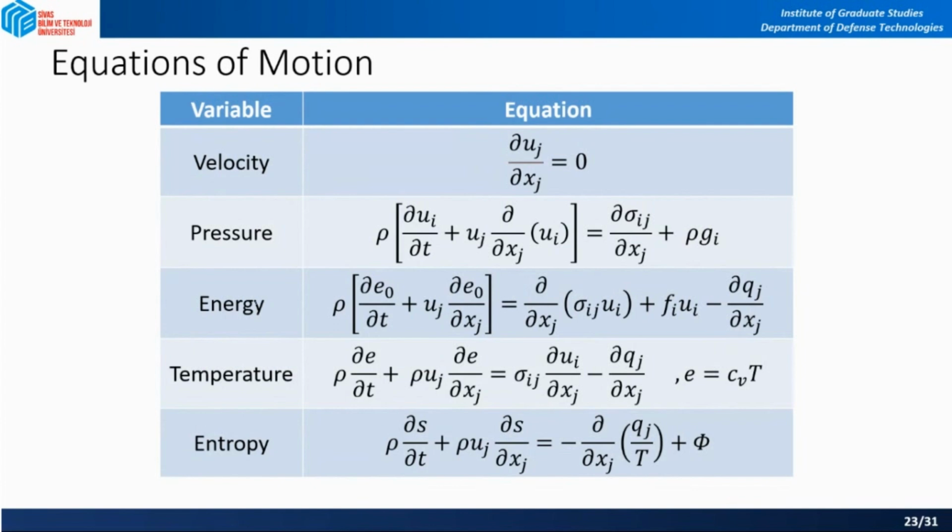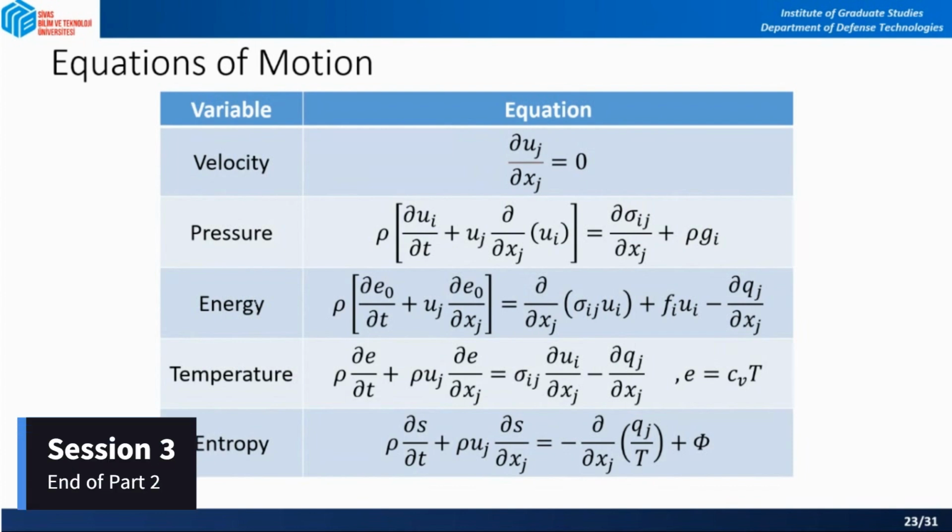Distribution of velocity, distribution of pressure, density, temperature, and also entropy. Of course, the flow field could be very simple, as in laminar pipe flow, or it could be very complex, as a turbulent flow in a multi-stage compressor of an aircraft engine.